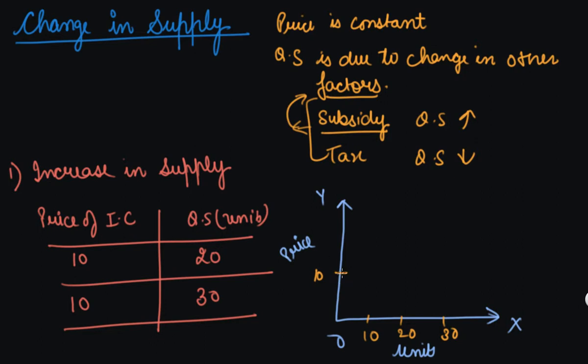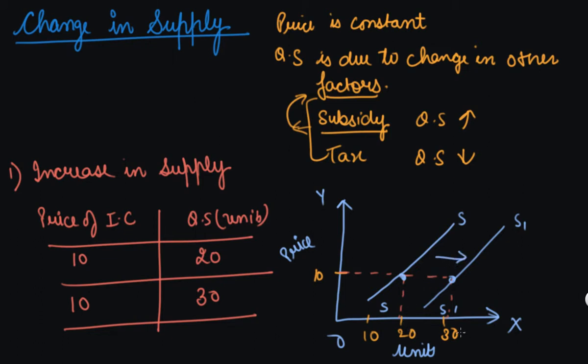At price 10, your quantity supplied earlier was 20, now it has become 30. So these are the 2 points. This was your initial supply curve. Now you've got this supply curve S1. There is a rightward shift in your supply curve.